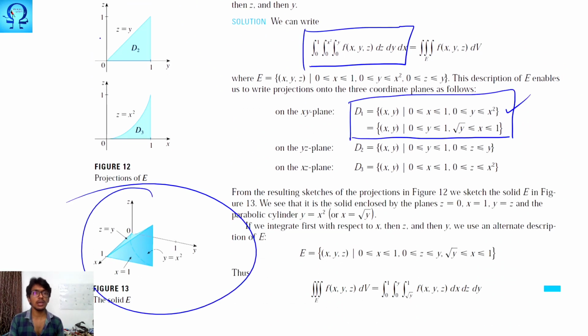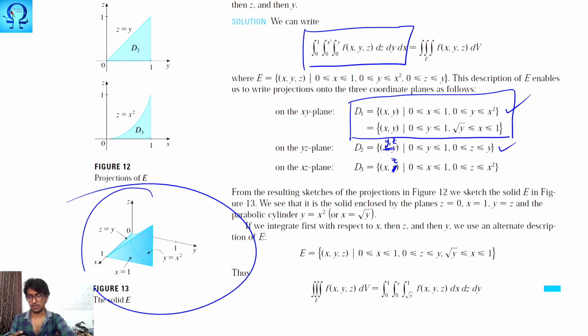On the yz plane, y varies from 0 to 1 and z varies from 0 to y.